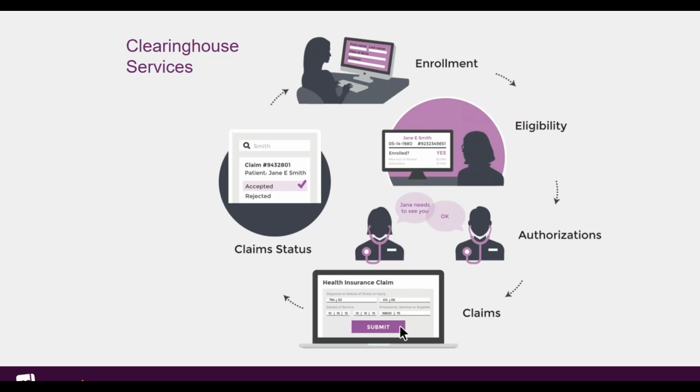On the next slide, you'll see some of the transactions that Bob mentioned, from enrollment to eligibility. Again, for Phase 4, the transactions that were impacted here were authorizations and claims.